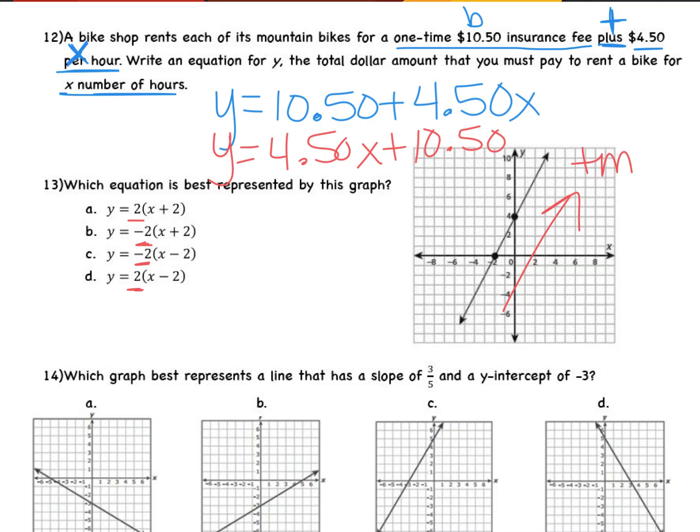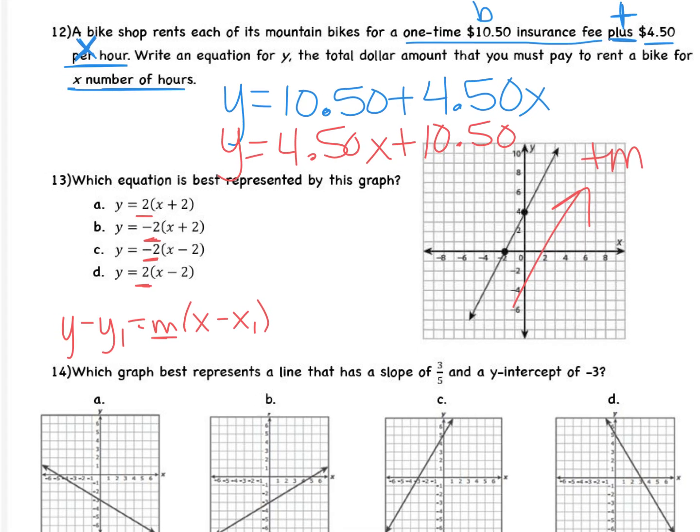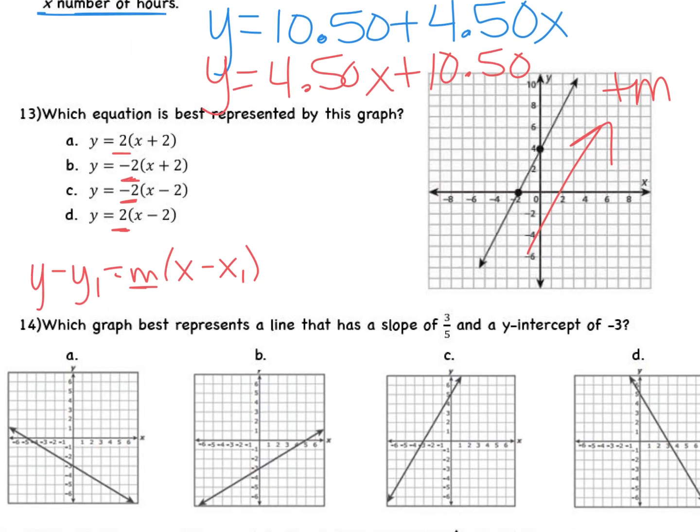When we have point slope form, y minus y1 equals m times x minus x1, right? Our m is always in front of the parentheses. What can we eliminate right here? If we know we have a positive slope, we can get rid of B and we can get rid of C. Now, you have a couple of options here. You can distribute 2x plus 4.